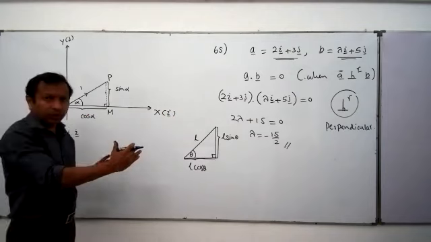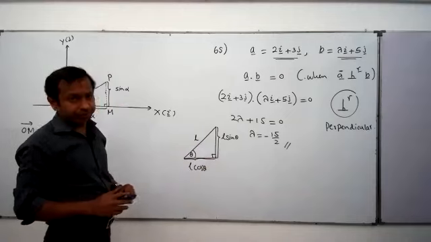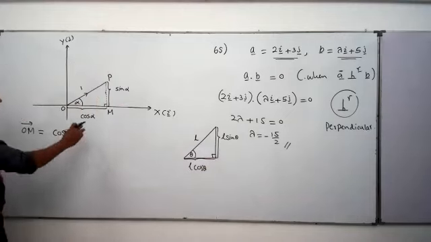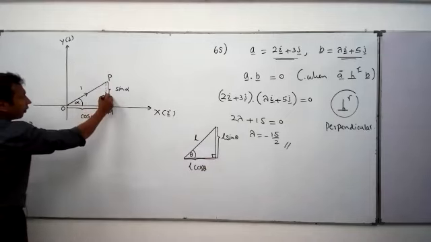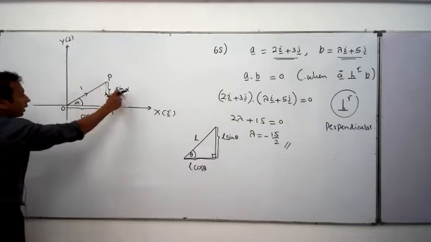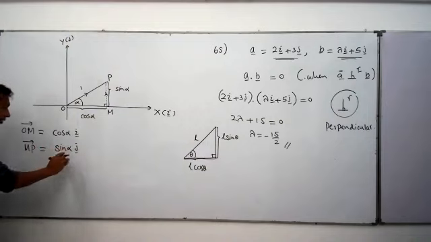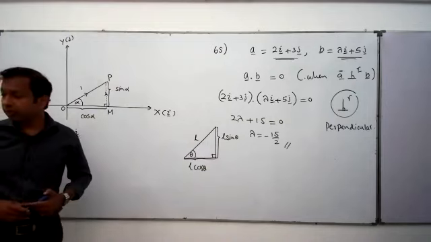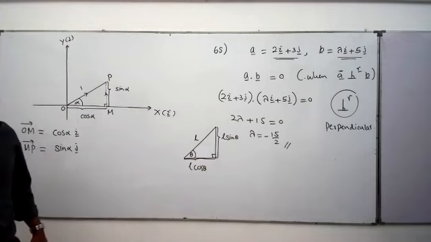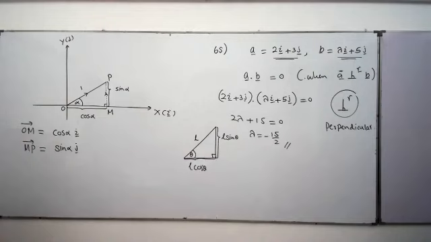Its modulus multiplied by the unit vector along the direction of the vector. That you know. This M to P vector, we can write, M to P direction unit vector is j. M to P length is sin alpha. Therefore, this MP vector you can write, people, sin alpha times j. Sin alpha times j. Right? Okay. Now you can write the OP vector.